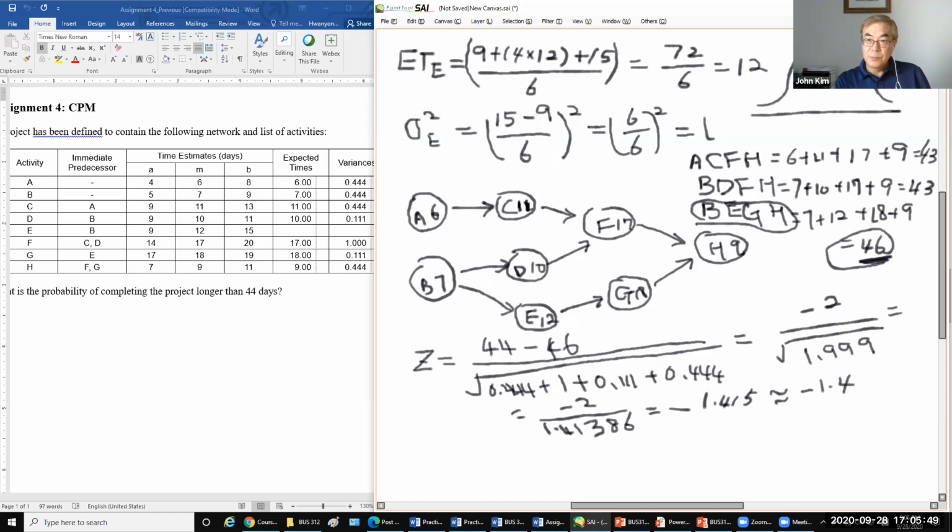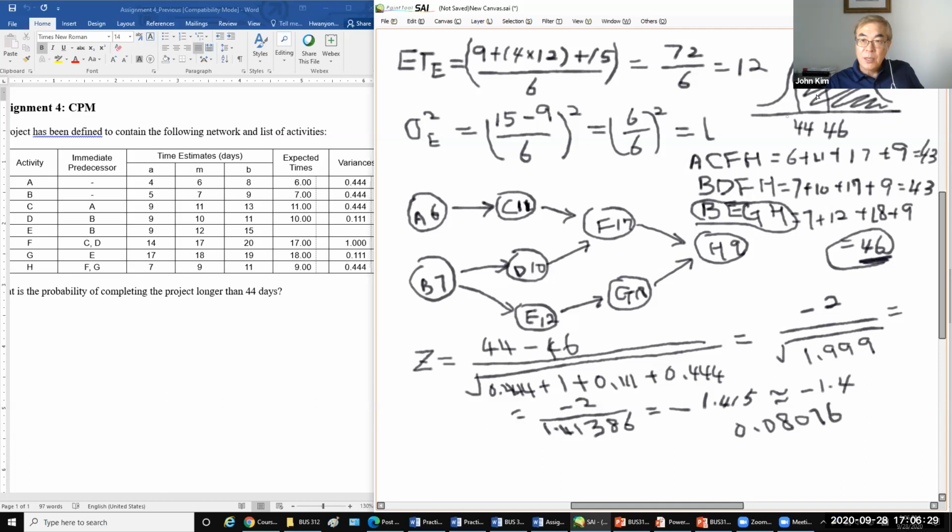On the normal distribution, 46 here and 44 here, and the question asks for the area longer than 44, on this side. But from the chart, the area on the left side is 0.08076.